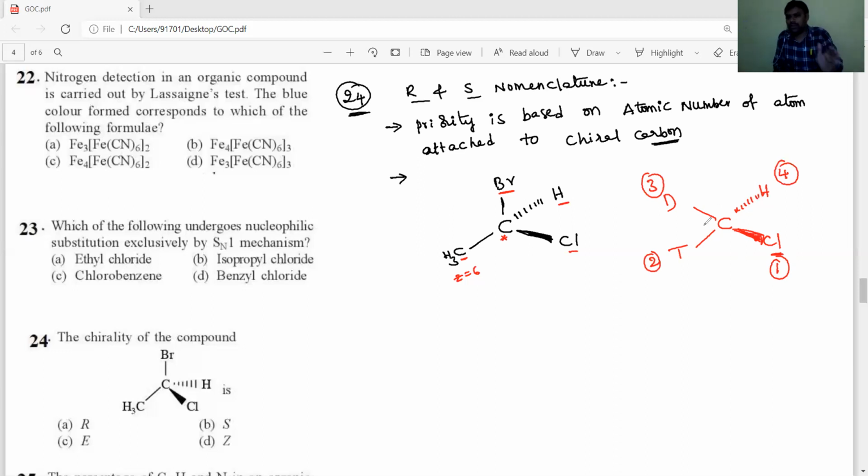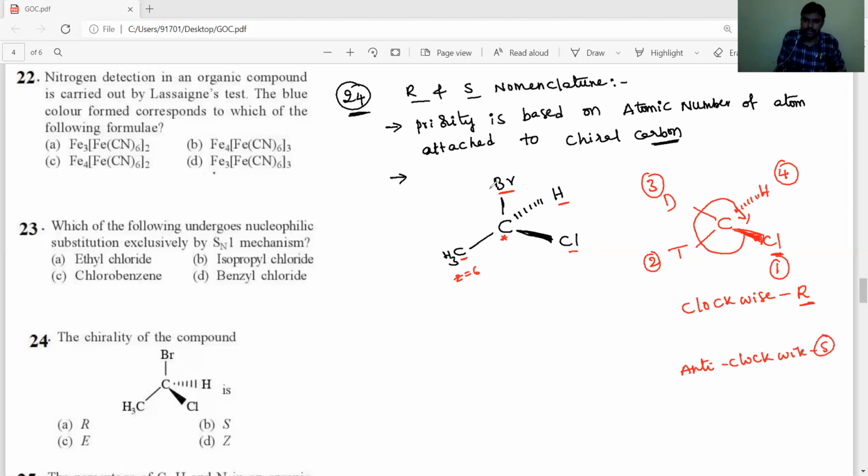So, to close off that fourth priority group, if the remaining groups are present in a clockwise direction, then it is R, clockwise direction. If anti-clockwise, then S configuration.